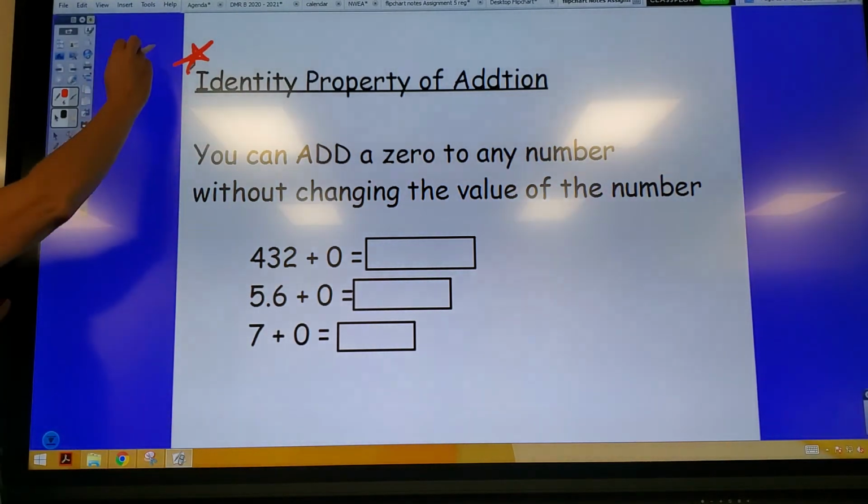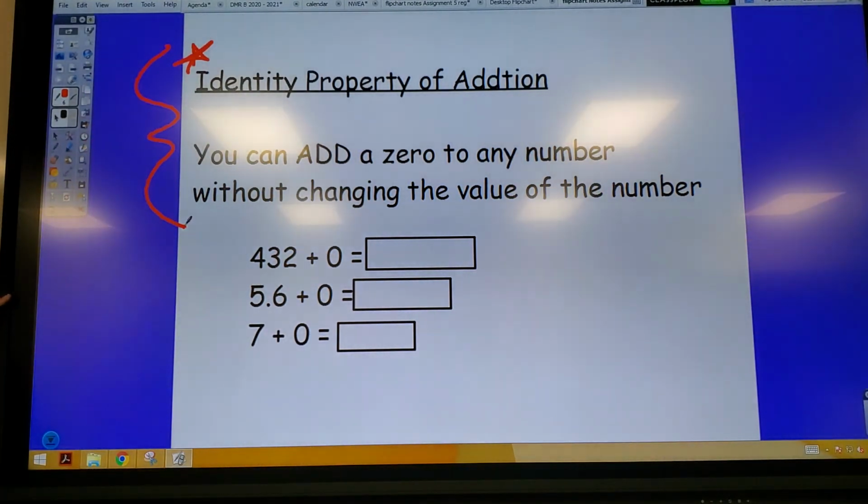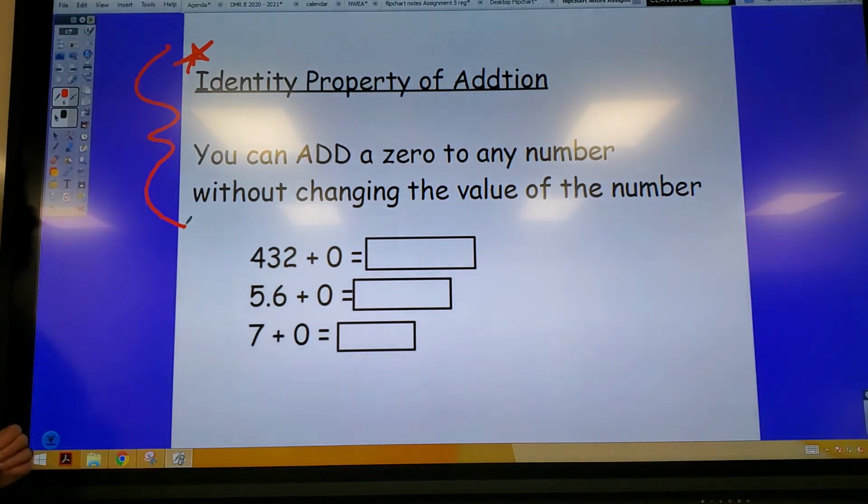Identity property of addition. It says that you can add a 0 to any number without changing the value of the number.